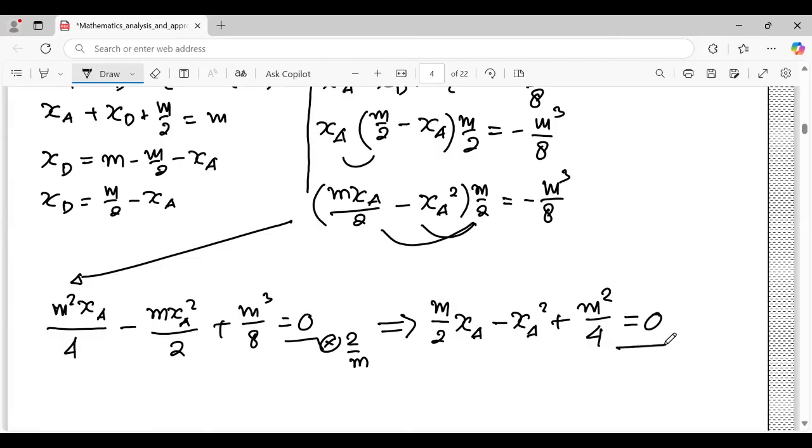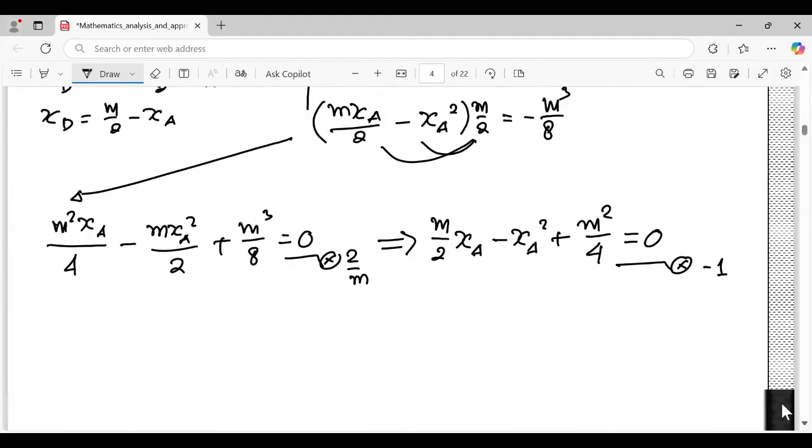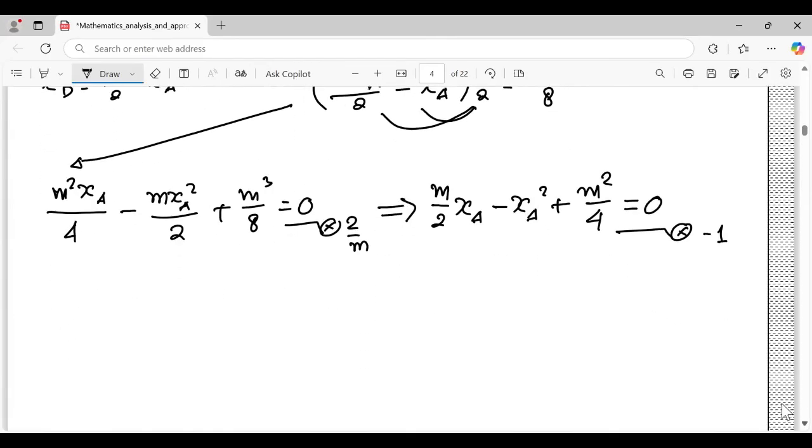And then times minus 1. Times minus 1 becomes xa squared minus m half xa minus m squared over 4 equals 0.